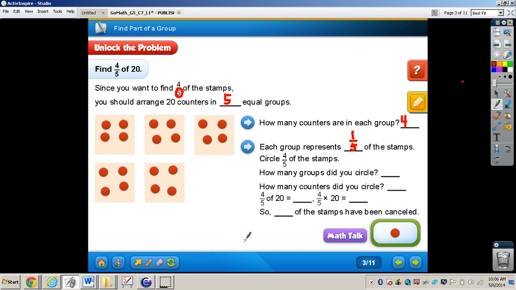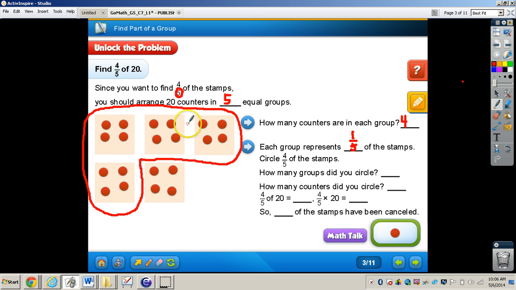So knowing that this group represented 1/5, since we are trying to find 4/5 of 20, what we would do is we could actually circle 4 of the groups. So 1/5 plus 1/5 plus 1/5 plus 1/5 actually equals 4/5.